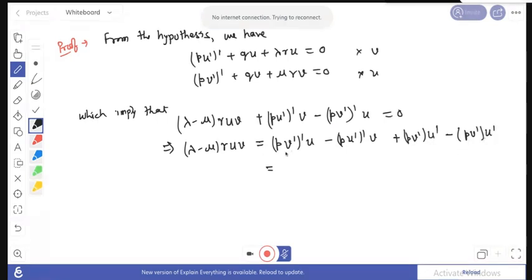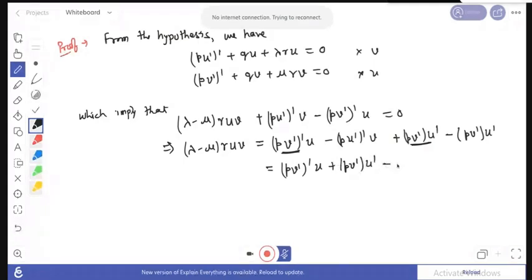If we take the first term with this plus term, you can write p v prime, the derivative of that, u, plus the first function and the derivative of the second.